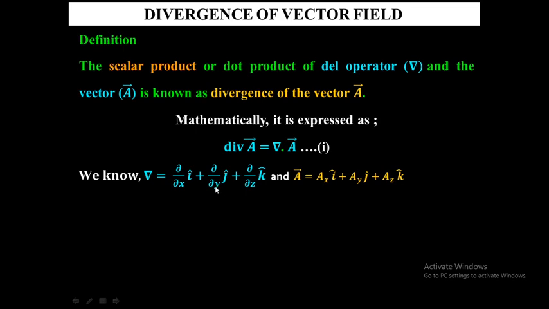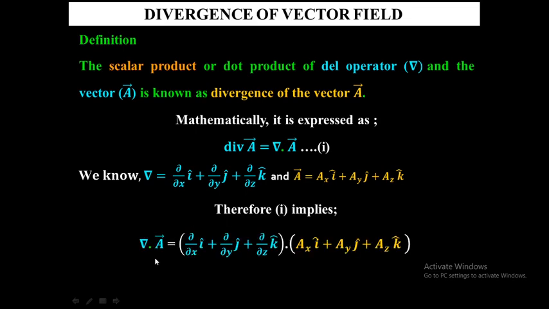Okay, put this value of del operator and A vector in equation number 1. So therefore equation number 1 implies del dot A vector is equal to this dot this. Okay, the dot of this del operator in the vector form with A vector.